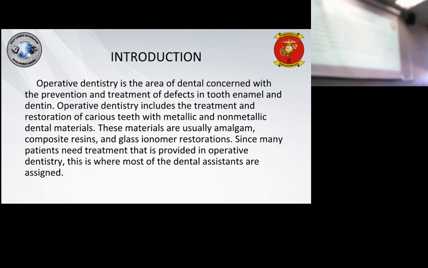Operative dentistry includes the treatment and restoration of carious teeth with metallic and non-metallic dental materials. These materials are usually amalgam or composite resins, and glass ionomer restorations. Since many patients need treatment that is provided in operative dentistry, this is where most dental assistants are assigned.